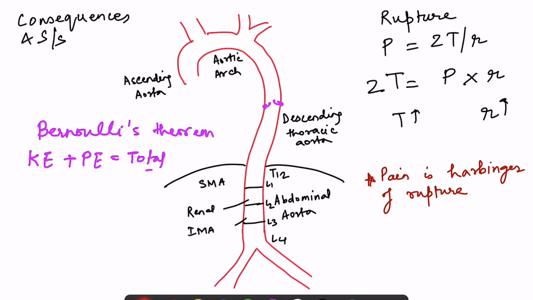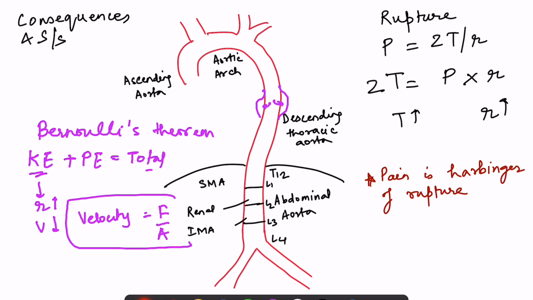Okay. Now at the site of the aneurysm, what will happen? That kinetic energy is going to decrease because this is a dilated area. So that means the radius has increased, and whenever radius increases, velocity there decreases. Understanding? So we know that velocity is equal to flow upon area.